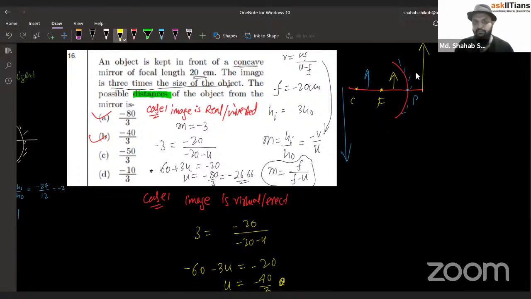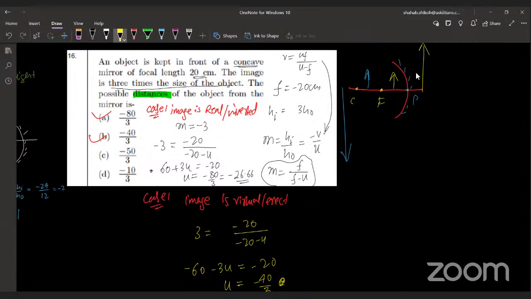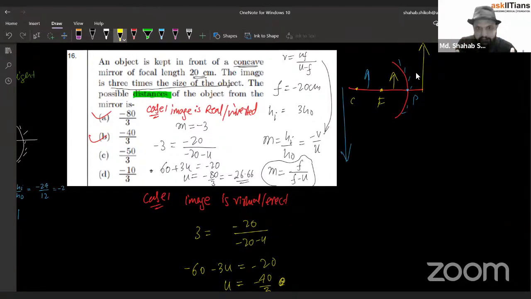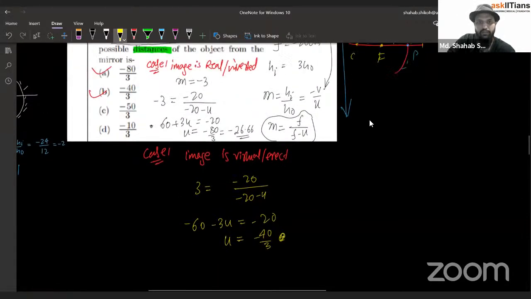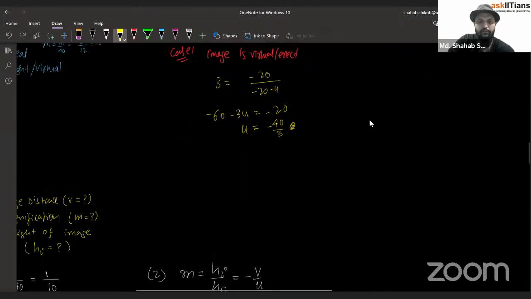So there are two possibilities. Do you guys understand? Your concept is clear, keep it clear only. Don't go away from your concept, okay? The author is making the mistake, you guys are not. Fine?